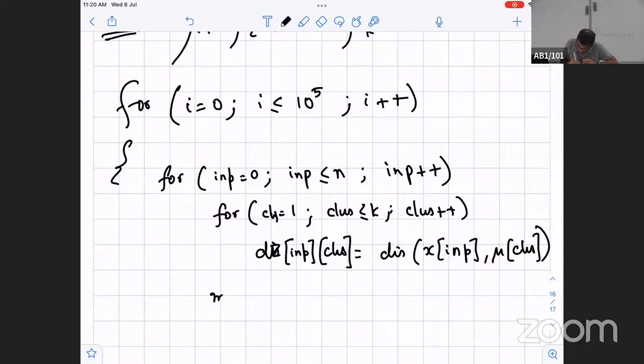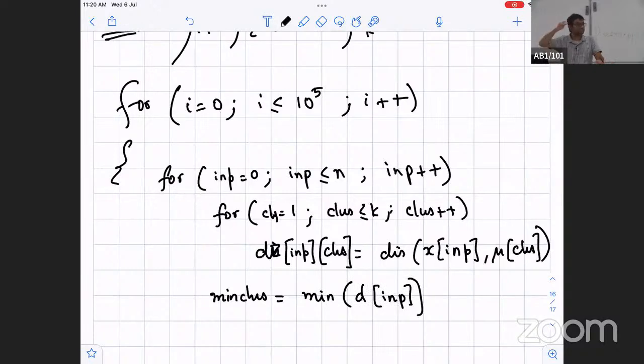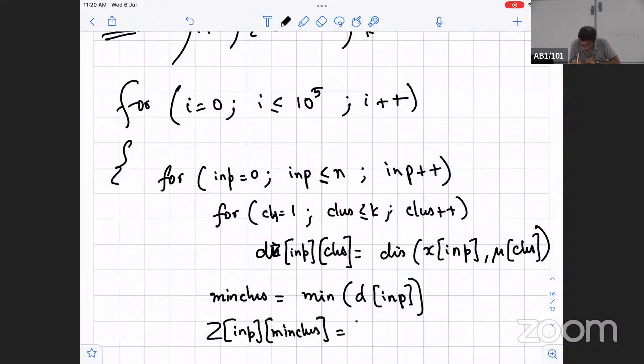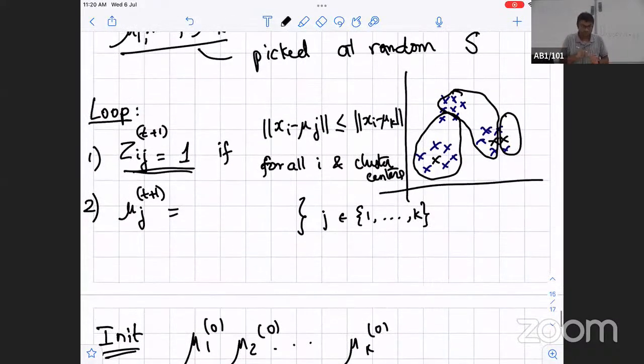So minimum cluster is equal to min of d input. I look at all the distances from input to every cluster and take the minimum. That is my minimum cluster. Then z input minimum cluster is going to be 1. Others are 0.